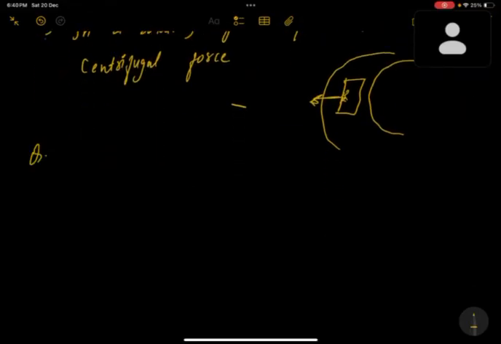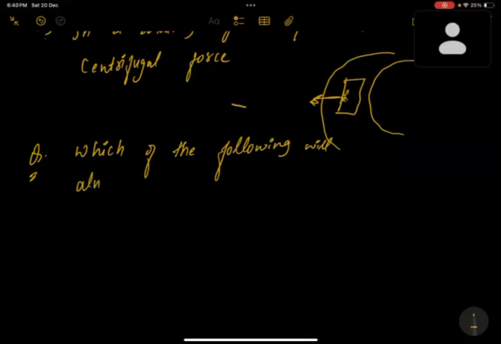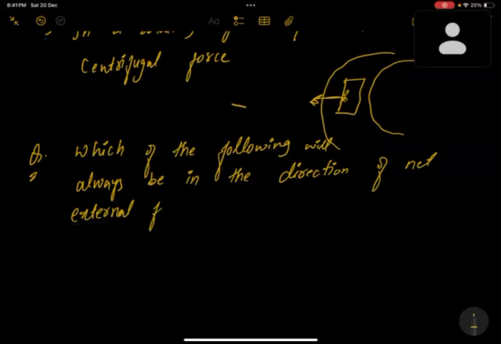So the first question is, which of the following will always be in the direction of the net external force acting on the body?